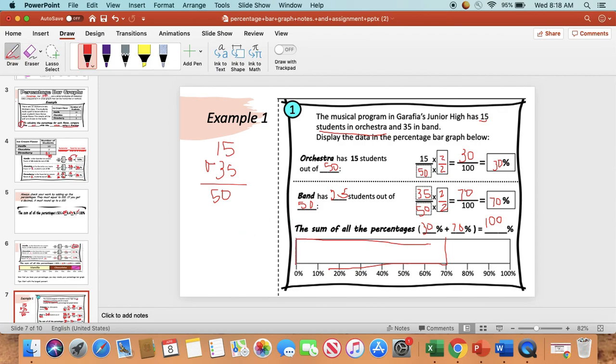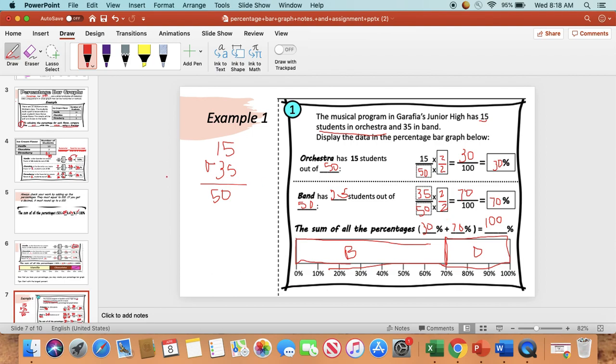So this section right here, 70% of it represents band. And I'm just going to put a B. 30%, which starting at 70, all the way up to 100, because 70 plus 30 is 100. This is, I'm so sorry, not band, orchestra. Yeah, we're correct. So there's our percent bar graph.